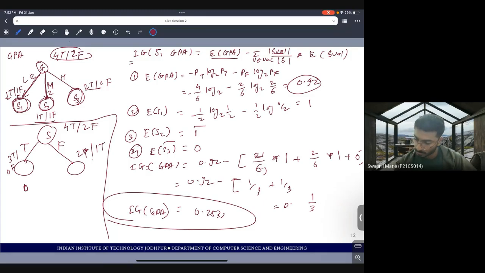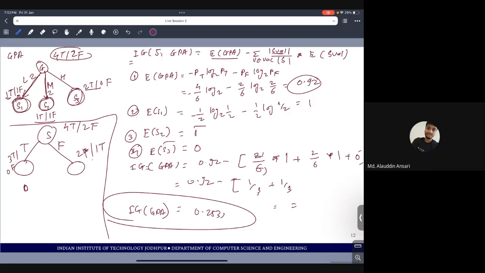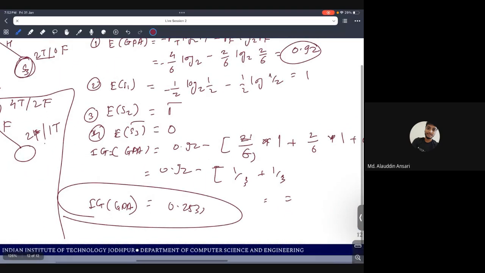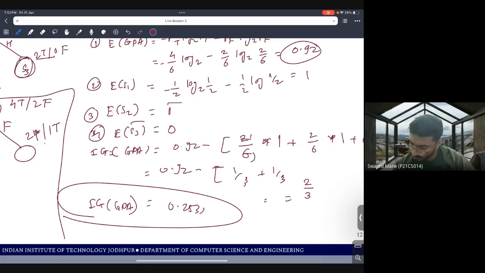Okay, one second, I need to erase some part. With 1/3 we need to multiply it with that particular entropy. 1/3 log 1/3 plus 2/3 log 2/3.